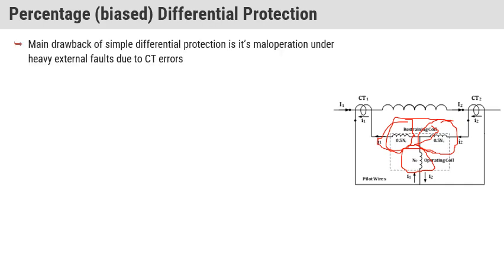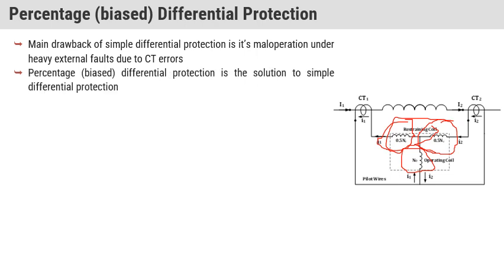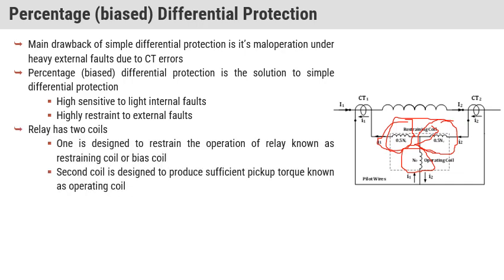The main drawback of simple differential protection is its maloperation under heavy external faults due to CT errors. So percentage differential protection is the solution. It is highly sensitive to light internal faults and highly restrained to external faults. The relay has two coils. One is designed to restrain the operation of the relay, known as the restraining coil or bias coil.